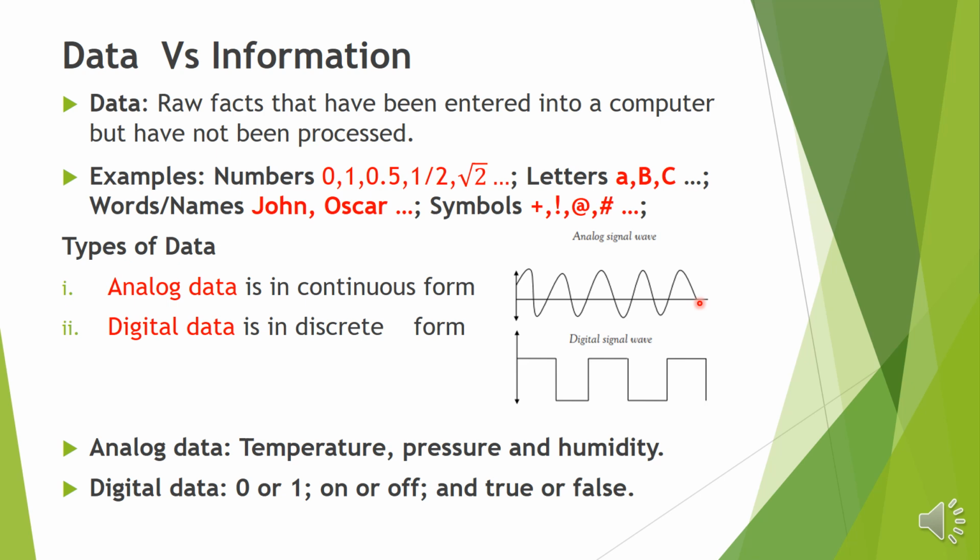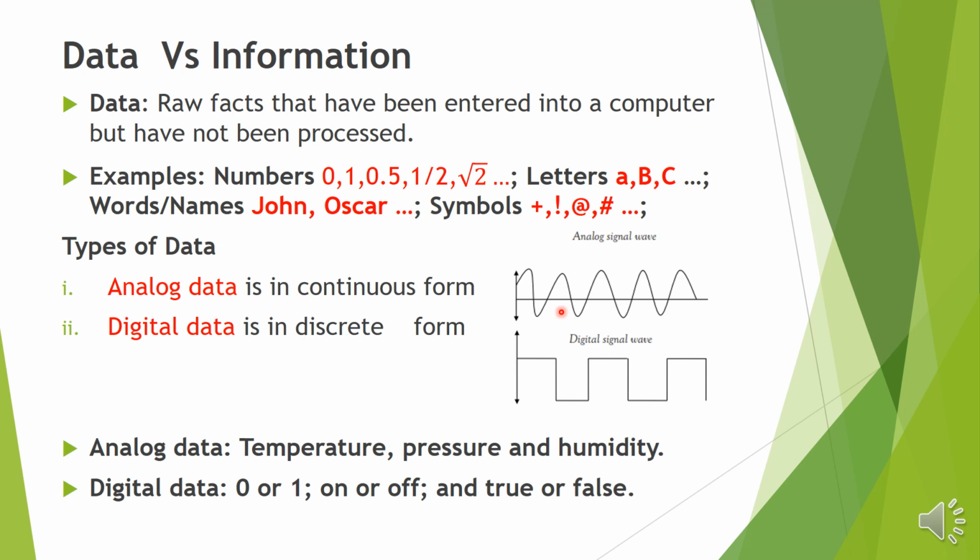When you look at the figure or observe this graph very well, you see that there is a variation in terms of time. In other words, analog data take time to change from one value to another. They are also known as continuous in nature.